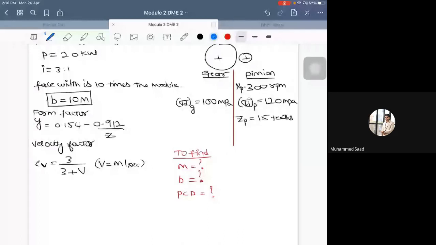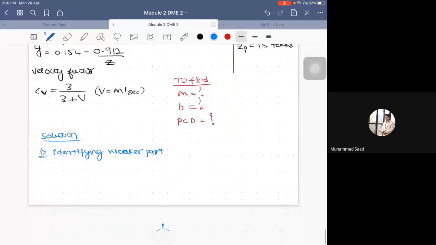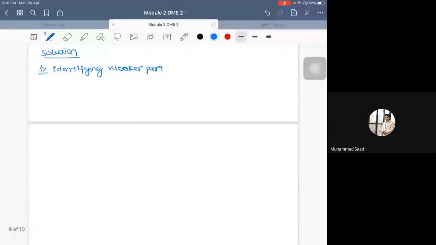I will go with the solution now. So the first step is identifying the weaker part. How do you do that? You would do this based on the strength factor. Carefully observe all the steps, these are very important.